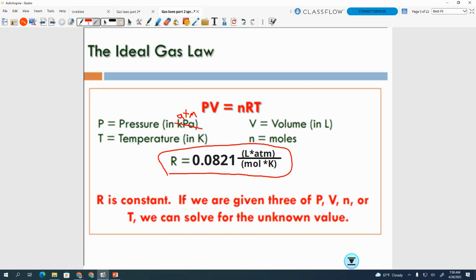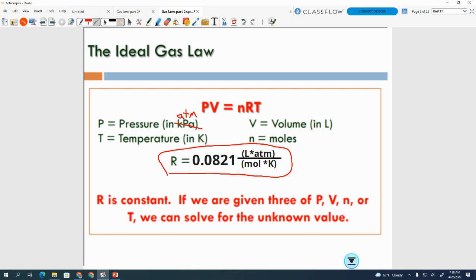We're just using this to cancel out other units in the problem. So if we don't use the right units for pressure, for volume, for temperature, you get a number that means nothing.